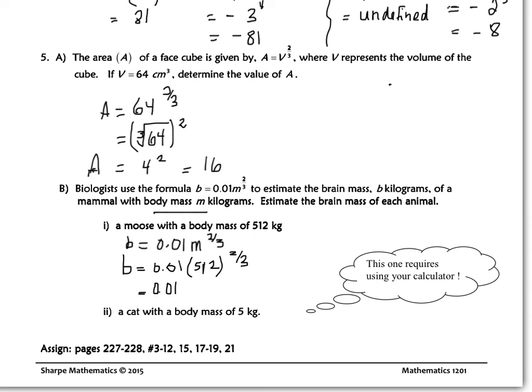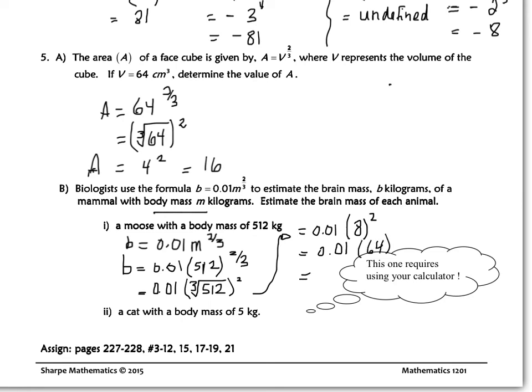So this would be the cube root of 512 all to the power of 2, times 0.01. That would be 8 squared, so that would be 64.